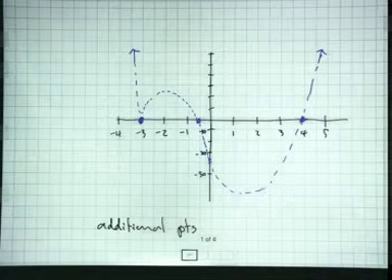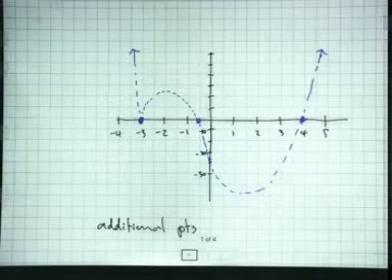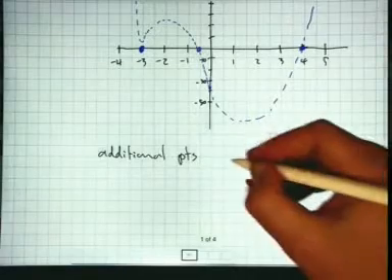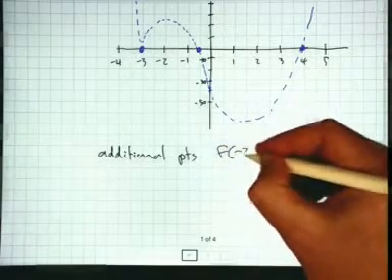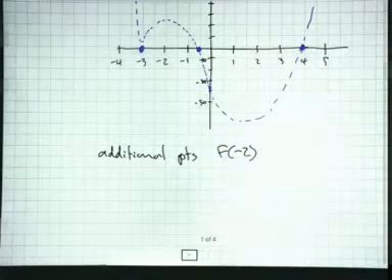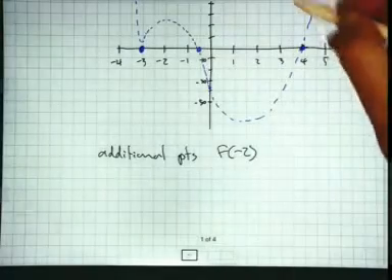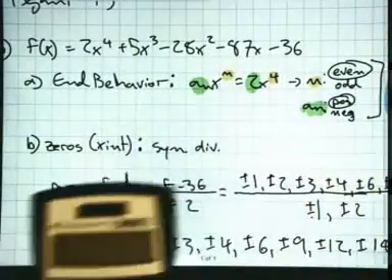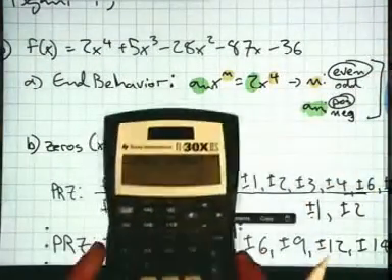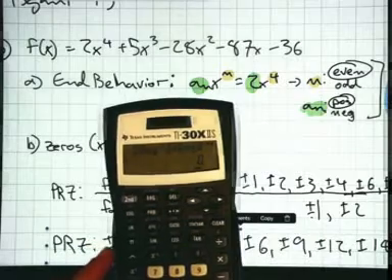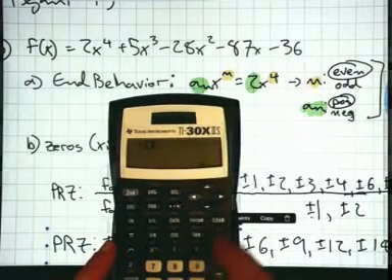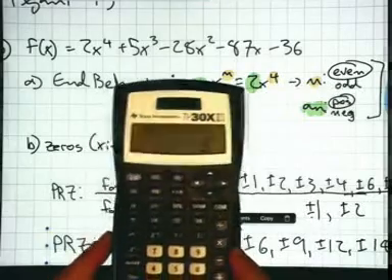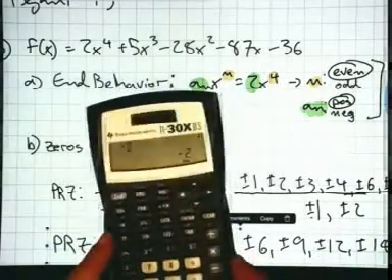But if I want to get a better looking graph, I'm going to plot some additional points. So what if I want to know f at negative 2? In my calculator, I'm going to first of all do negative 2, enter. And then I'm going to start plugging in this expression.